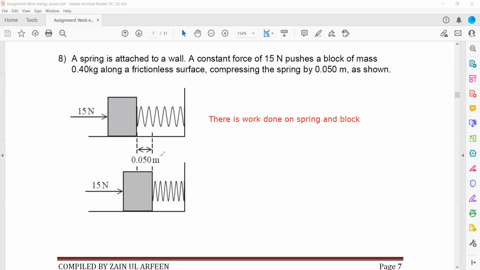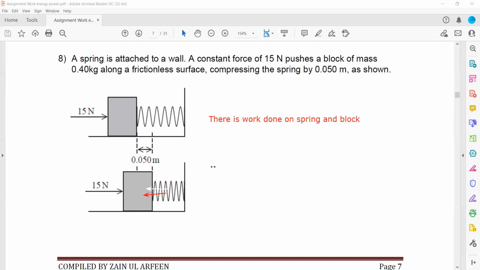And the second one: the spring will also apply a force, called tension. So the spring will also try to push outward. So the resultant force on the block will not be equal to 15, it will be less than 15. So these are the two reasons.